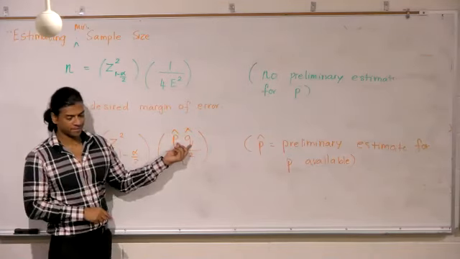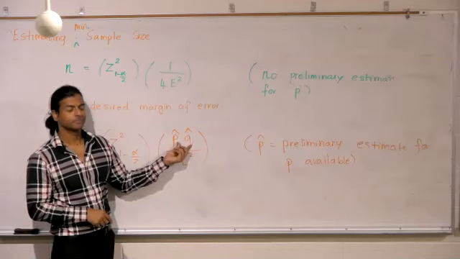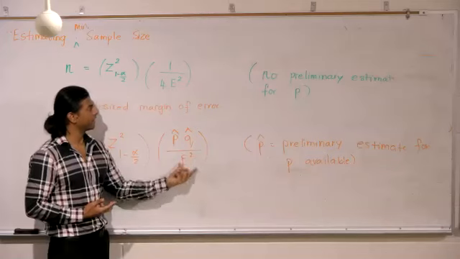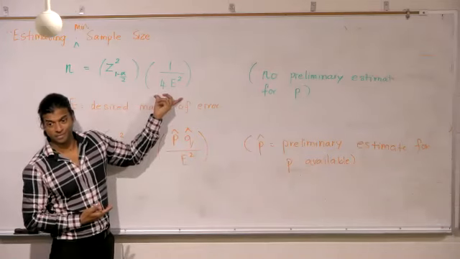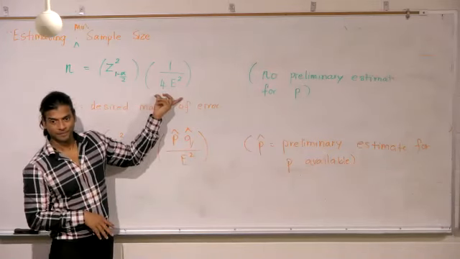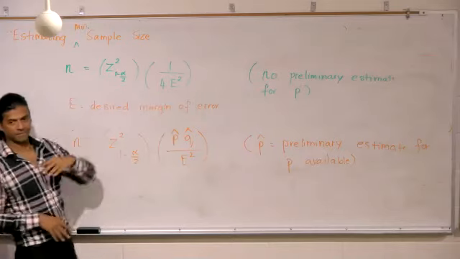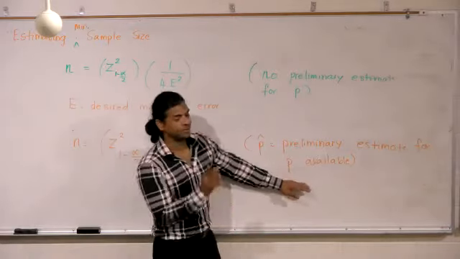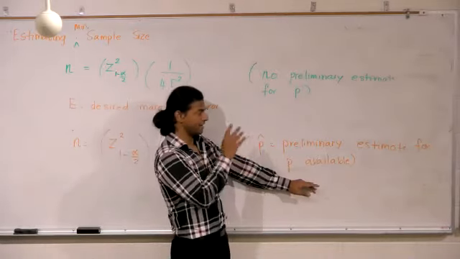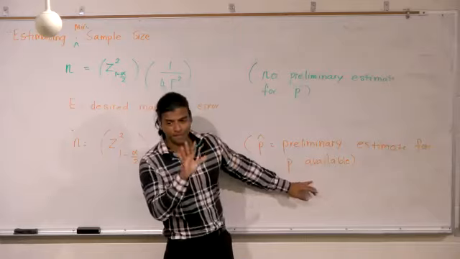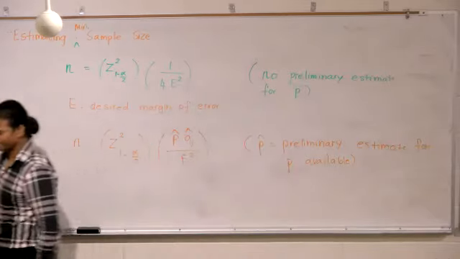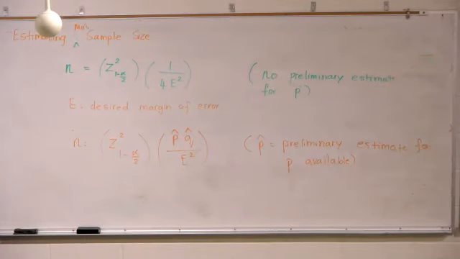What is 1/2 times 1/2? 1/4, that is correct. 1/4 divided by E squared will give you that formula. Which one is better? Unless you're absolutely confident that your preliminary estimate is near perfect, this is going to be better in practice. Are we clear?